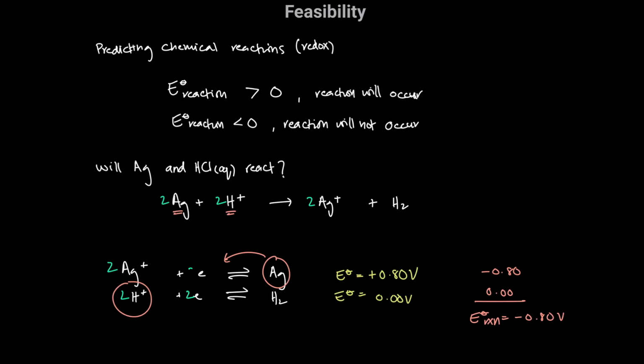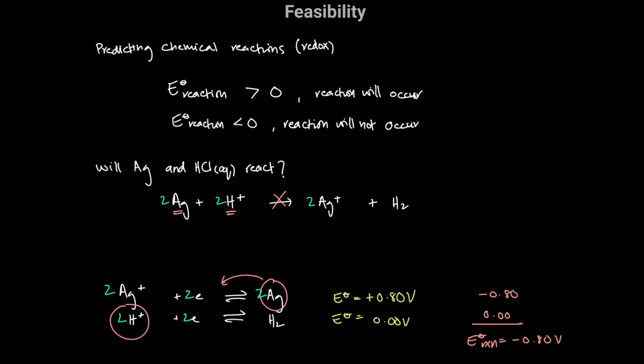Obviously, we can balance the electrons here as well. That means the overall E naught for this reaction would be negative 0.80 volts, which means that the reaction will not occur, or we can say that the reaction is not feasible.